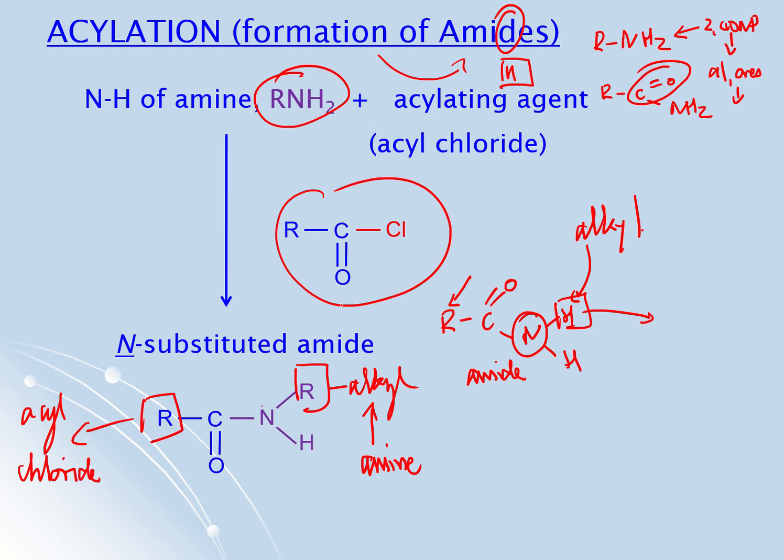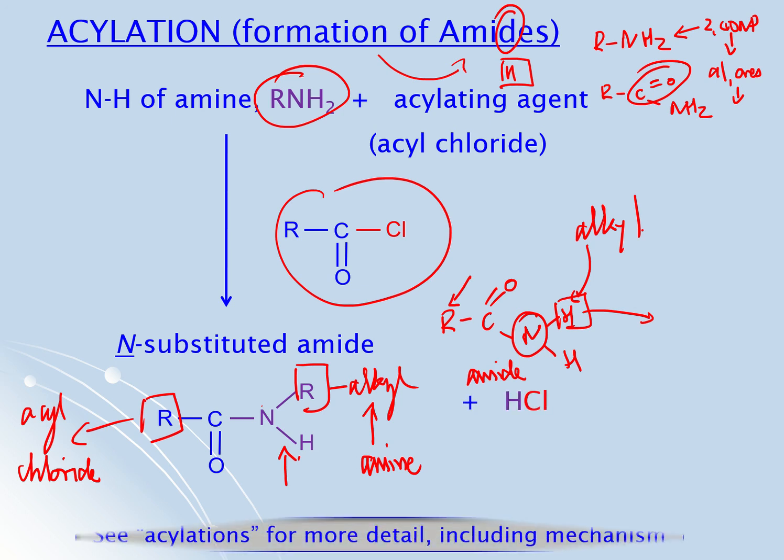So provided you know your acyl chloride, whether it's ethanoyl chloride or propanoyl chloride, and provided you know your amine, whether it be ethanamine or propanamine or whatever, you can work out the structure of your new N-substituted amide. You also get the HCl produced here. So again, if you're asked to write a balanced symbol equation for this, HCl would of course come into play.